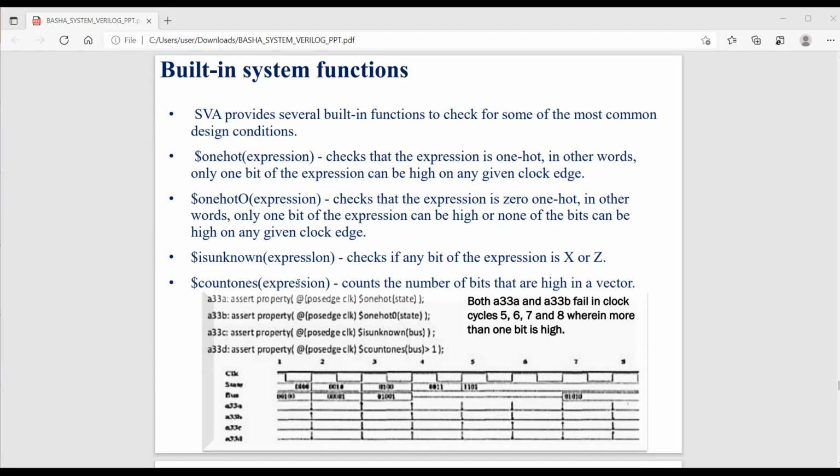It will let you know how many bits are high, meaning how many bits are 1 in a vector. Clear, everybody? Yes, ma'am.